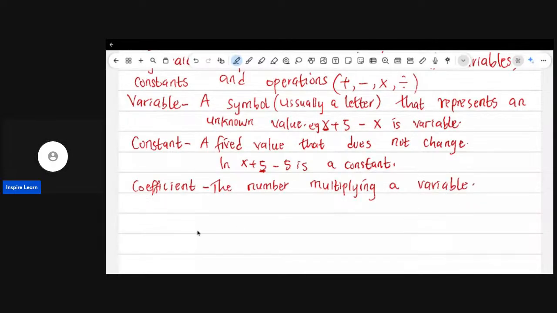For example, in 4x, we already have the variable here, which is the unknown for us, but we still have 4 here. So we usually call the 4 the coefficient.